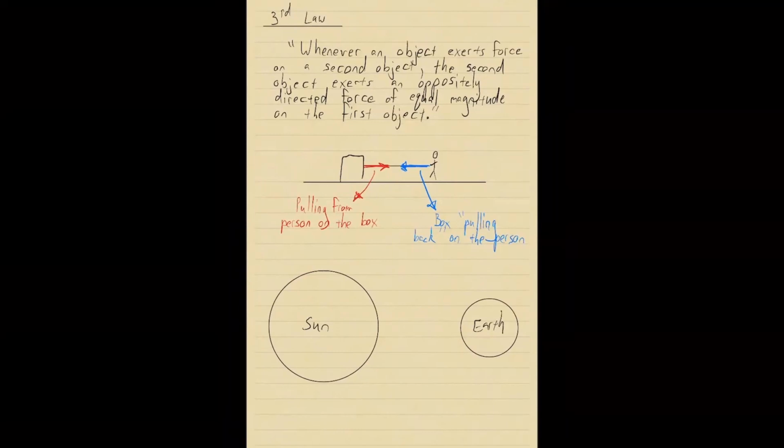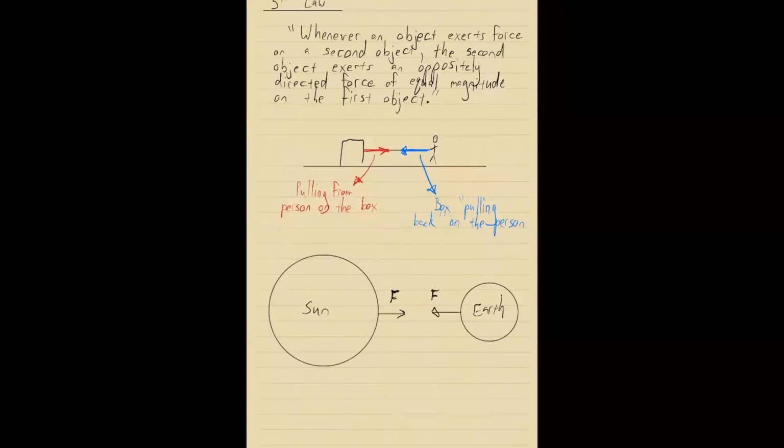But the gravitational force between the sun and the earth, they pull towards each other. So the sun pulls on the earth gravitationally just as much as the earth pulls on the sun. All right, so that's pretty much as far as we're going to get into Newton's third law.